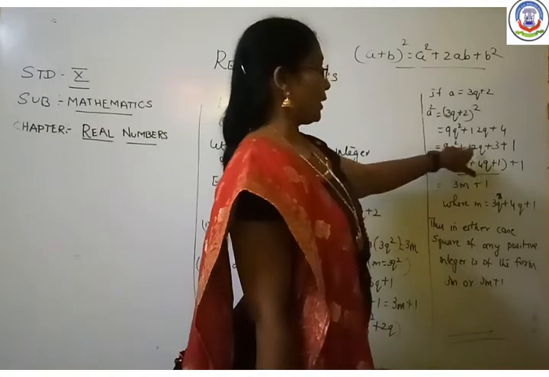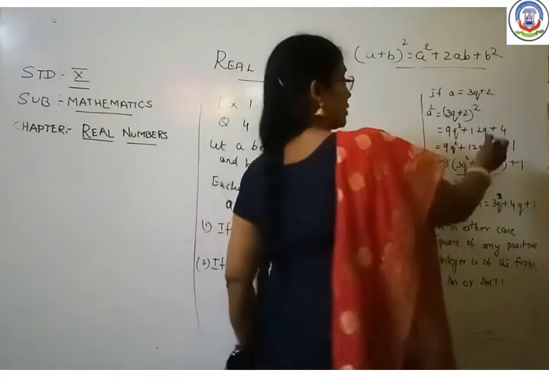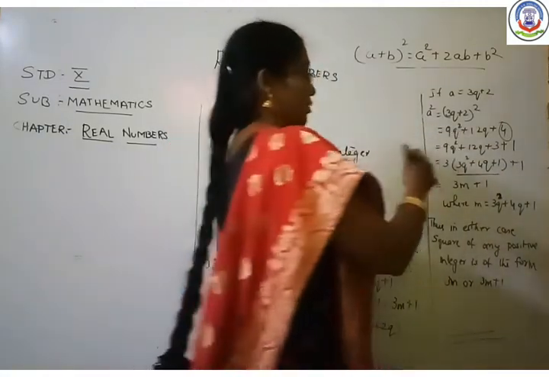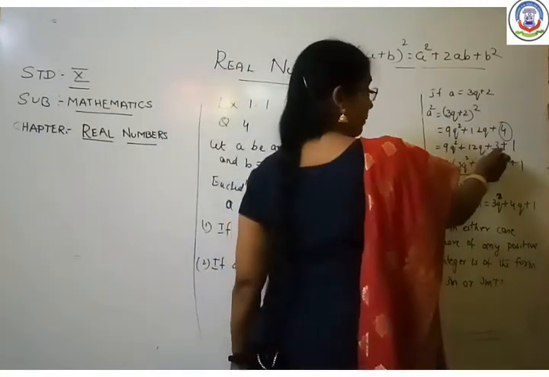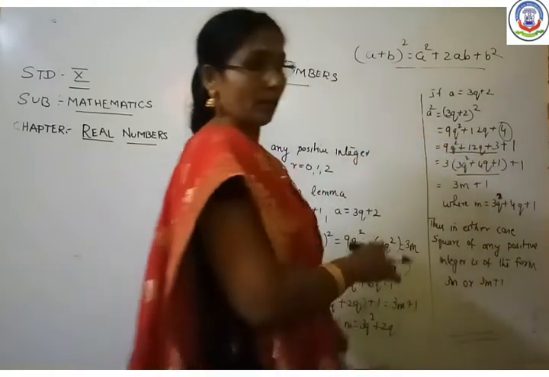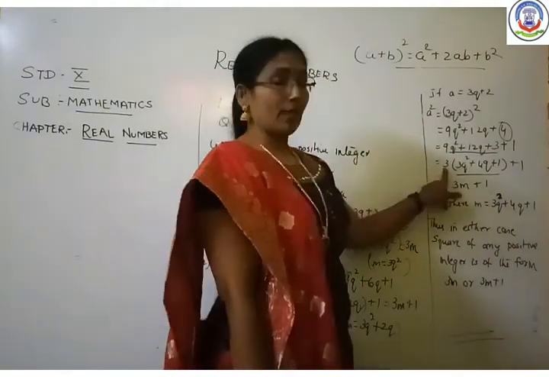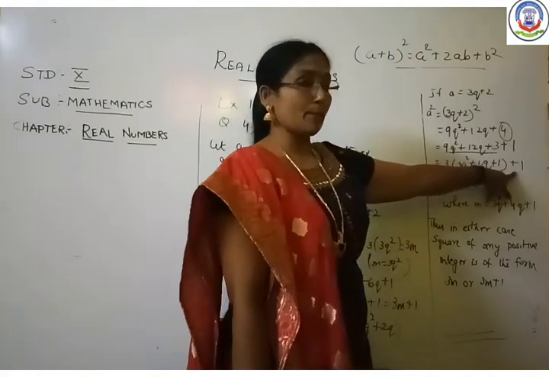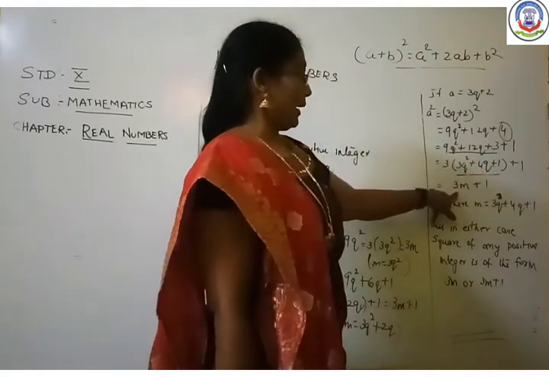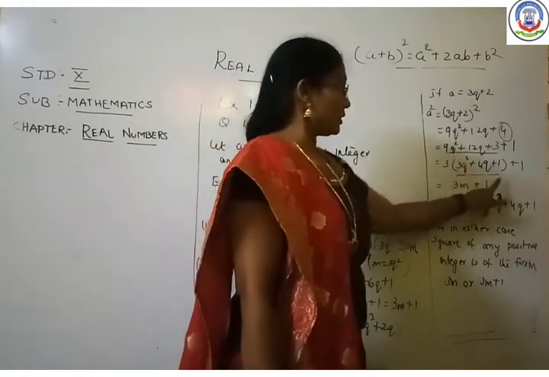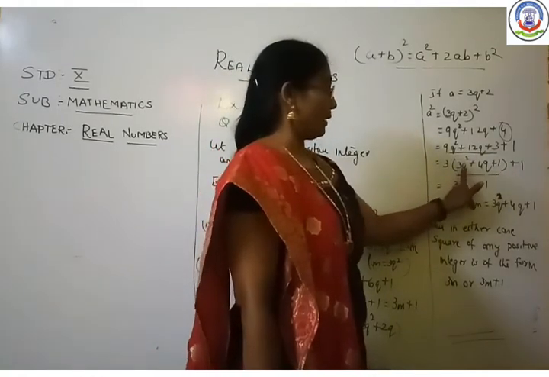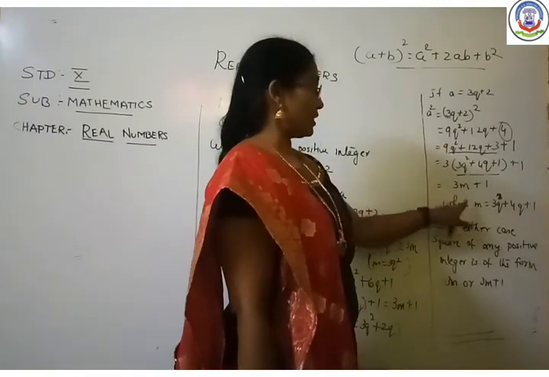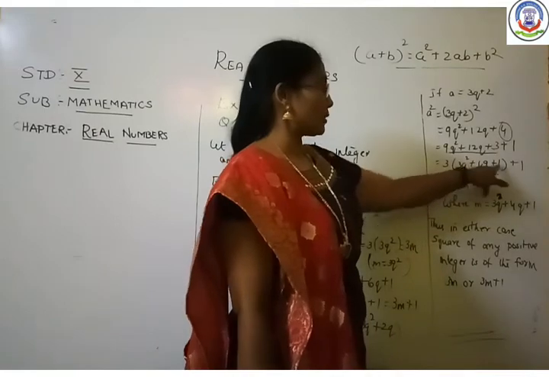Now 9q square plus 12q plus 4, this one we can split. This 4 I have split as 3 plus 1. No change. Why have I split it this way? Because I have to take a common factor among these 3 terms. What is the common factor I can take? 3. So 3 into 3q square plus 4q plus 1, this one separated out. Now you got 3m plus 1, because this full term we can take as another integer, that is m. So you are going to have 3m plus 1, where m is equal to 3q square plus 4q plus 1.